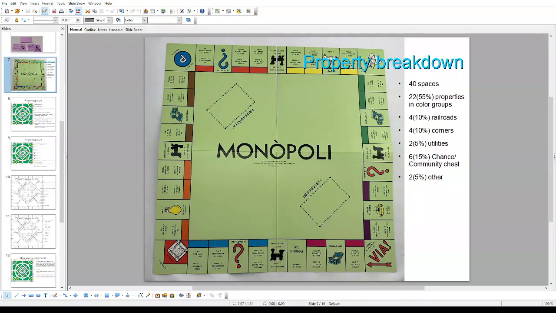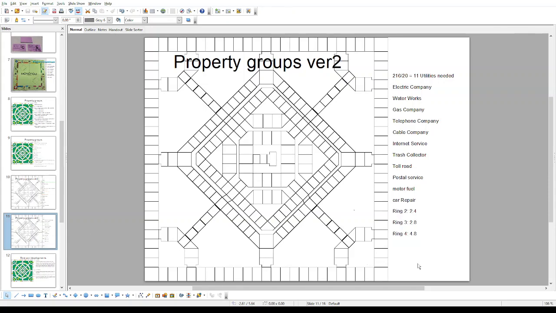Anyways, moving on from that. Okay, so 335. That works, I guess. Have I decided which spaces those are going to be yet?